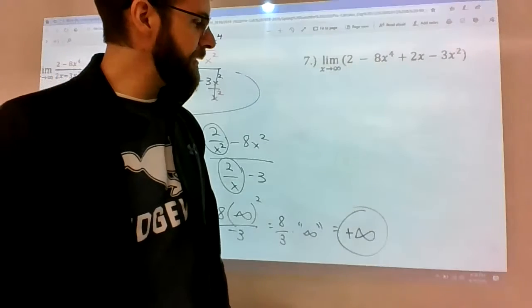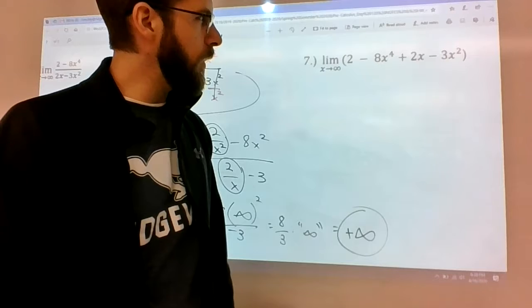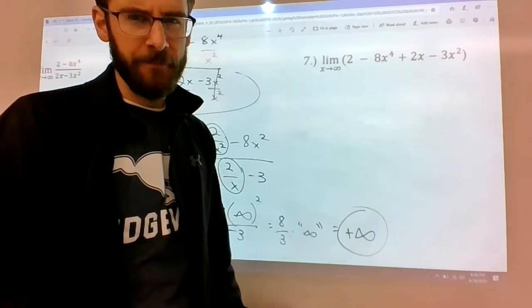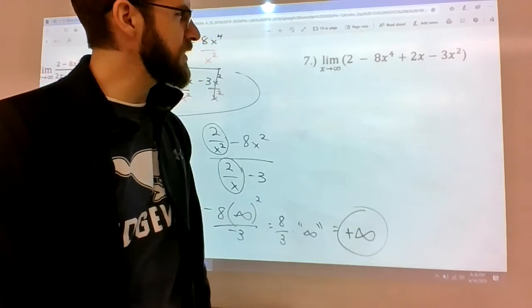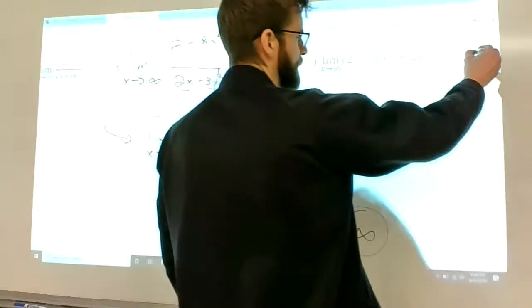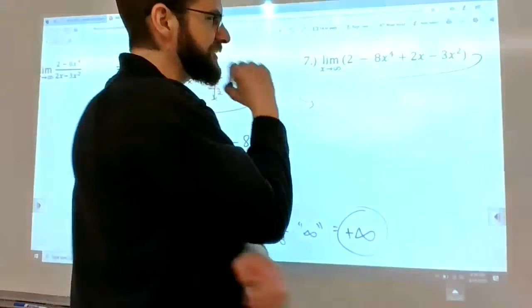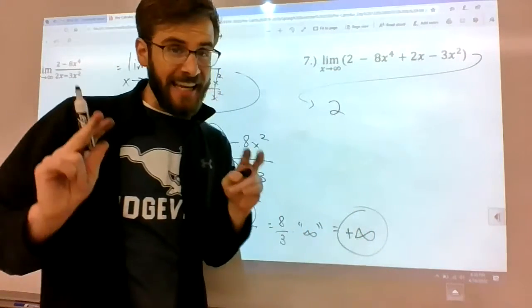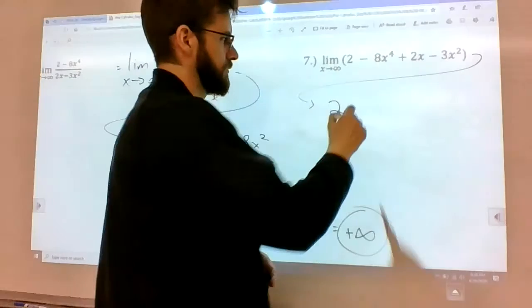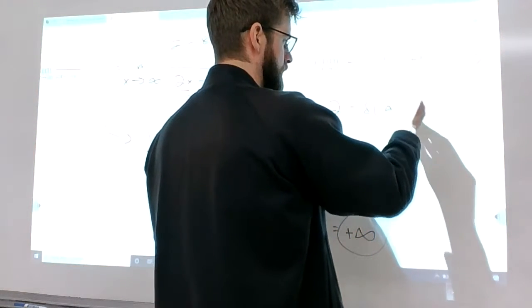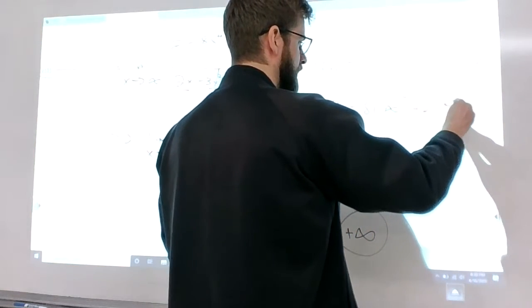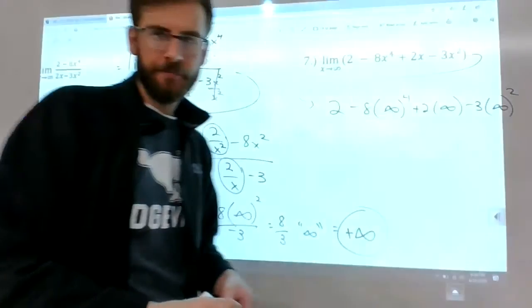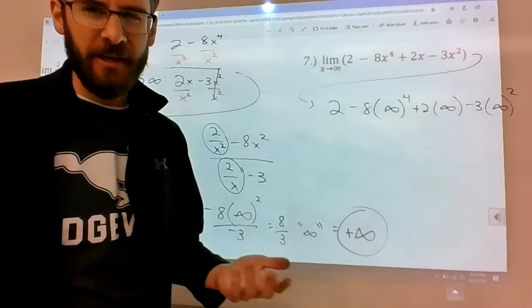All right, with number 7, what happens if there's just a polynomial in front of you? Okay? So this can get kind of weird. I got 2, and if I did the infinity plugin like normal, it would create something very weird.